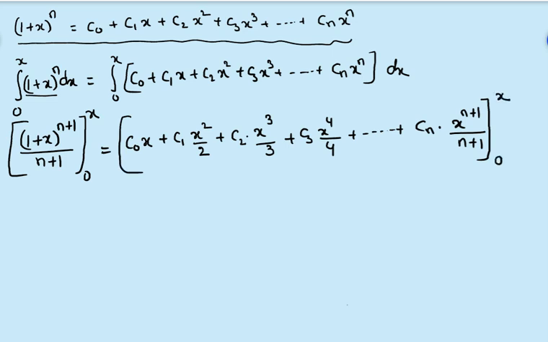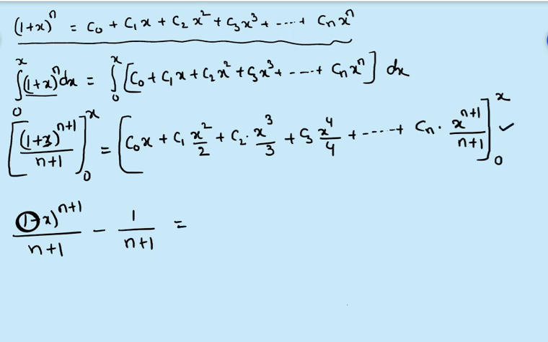Now if you substitute the upper limit, we will get 1 plus x whole to the power of n plus 1 divided by n plus 1, minus, if you substitute the lower limit, that means in place of x, 0, you will get 1 by n plus 1.